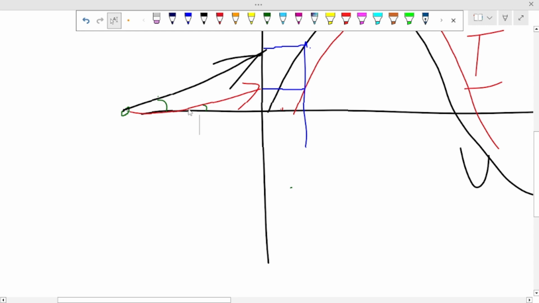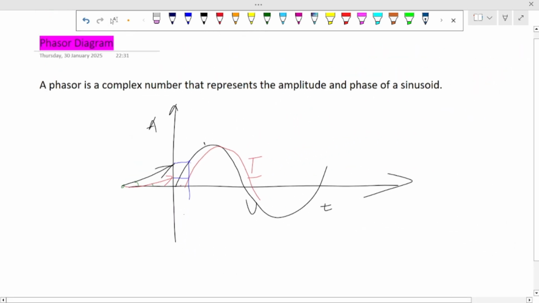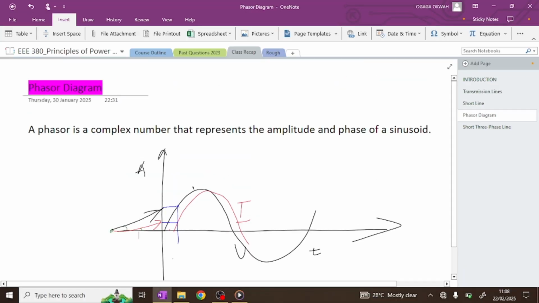In this case, we'll say this is lagging. But don't worry, lagging and leading, we'll talk about that later. Just from looking at this, it's obvious that the voltage is higher than the current in terms of phase, in terms of angle. If that happens, we say that the power factor is lagging.